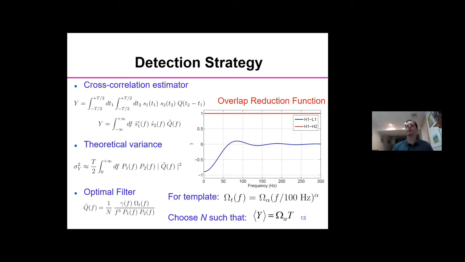Under the assumption that the stochastic background is isotropic, meaning that waves from all directions have the same or similar amplitudes, at that particular frequency, when you do the integral over the full sky, you will get a complete cancellation of waves coming from different directions. So that's exactly it.